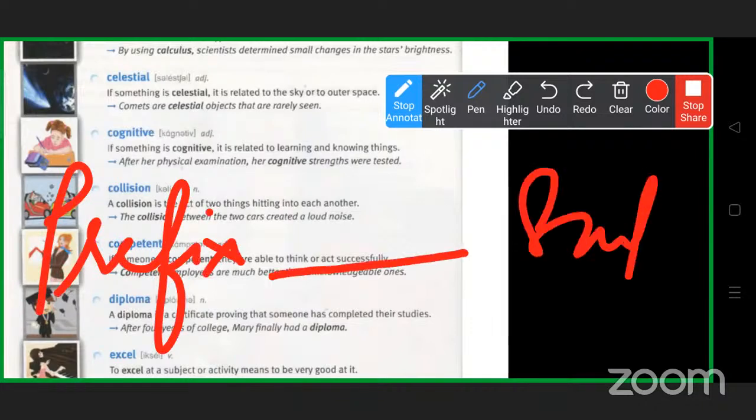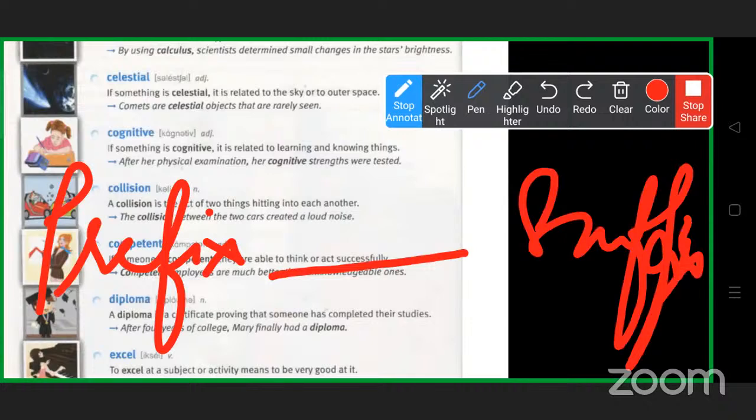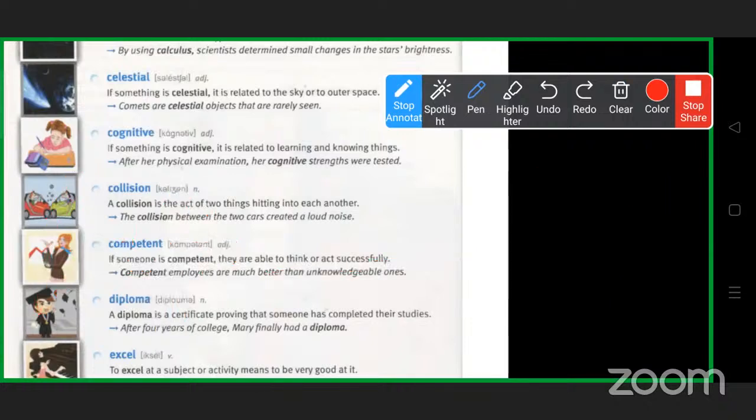A suffix is used at the end to make a different word. When we write able, ition, or something, it becomes something else in the form of the word. So competent employees are much better than unknowledgeable ones.